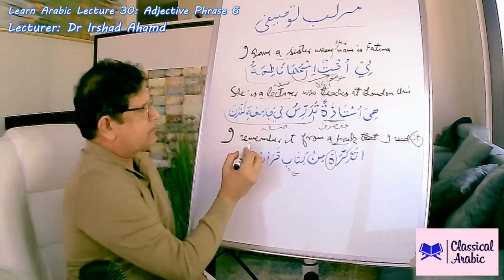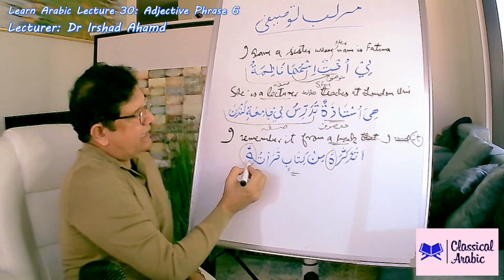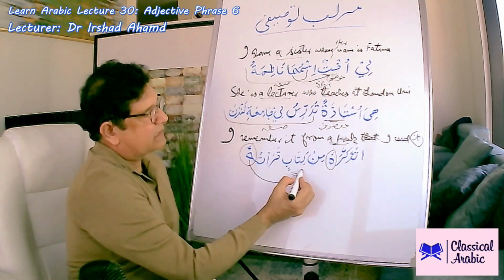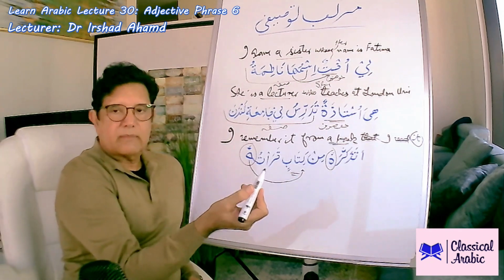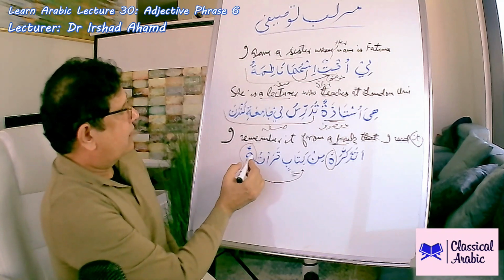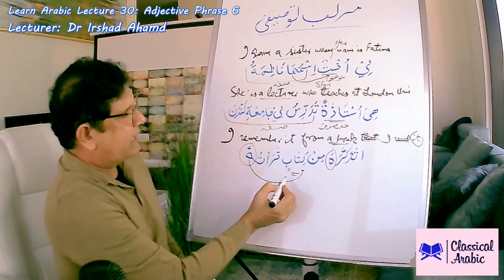So we have got this pronoun again here. So I read it, this pronoun goes back to kitab, because I read it from a book or in a book. So again here, this is working as a connector.